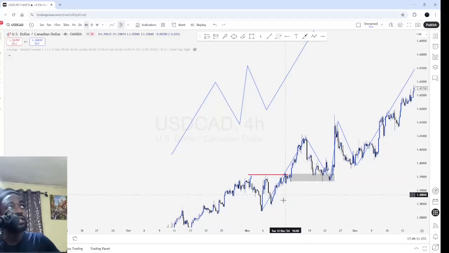Do you get me? So we have impulse, correction, impulse, correction, impulse, correction. So you can see after we had this impulsive move and price was now returning back, we got another move. I'll mark out my zone from here, extend my box to this side.